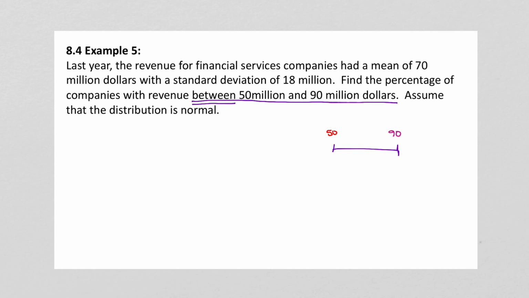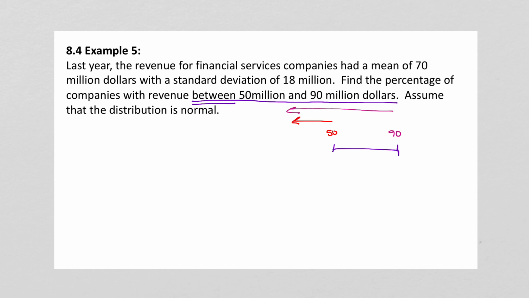What we can do is find the area to the left of 50, and find the area to the left of 90, and subtract them to get the area in between.